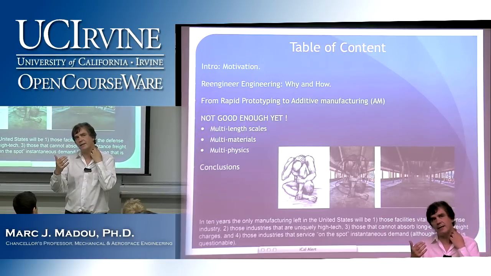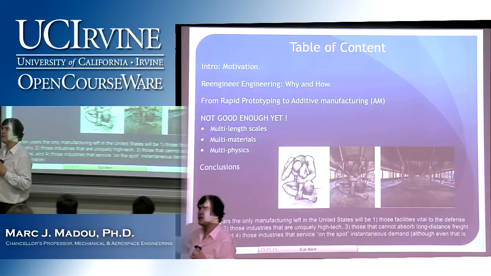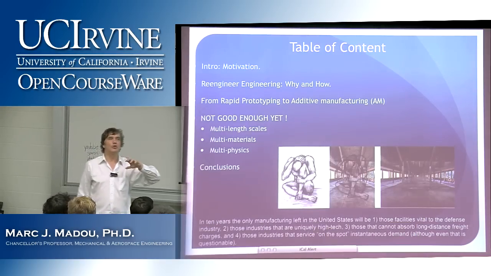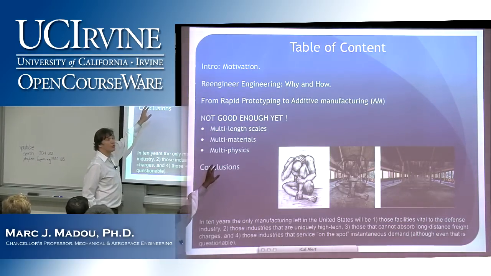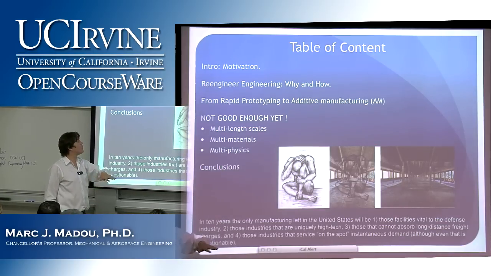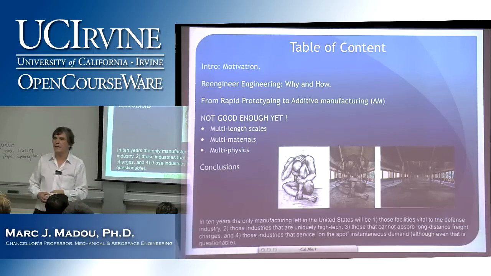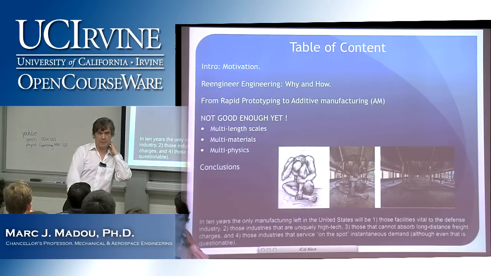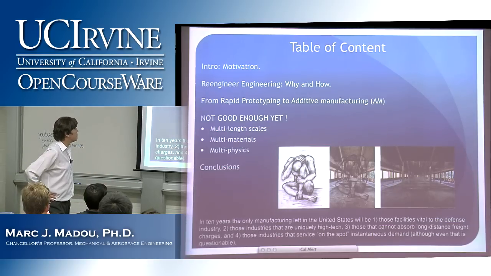So I will try to tell the audience here that rapid prototyping, as we know it now, is at the top of the hype cycle, and it needs to go through a lot more transformations. We need to be able to machine at multi-length scales, and I will explain what that is. We need to be able to work with many more materials, and we need to do multi-physics, meaning you cannot only do additive manufacturing, you need to combine different physics forces on the workpiece for us to be able to say, yes, we have a new manufacturing method.